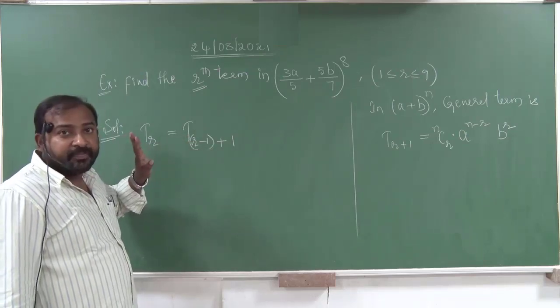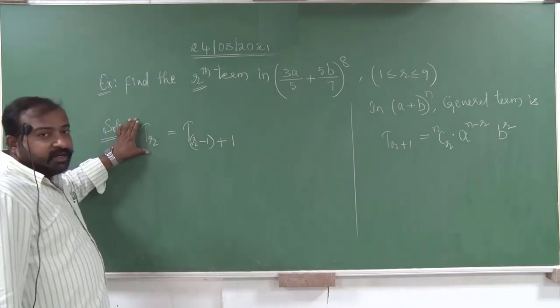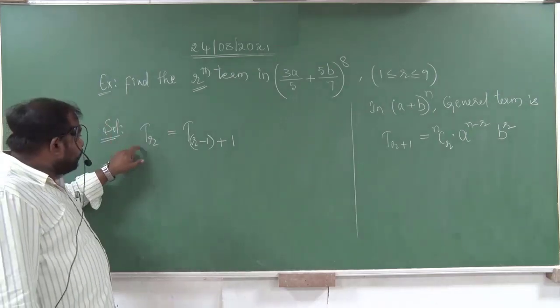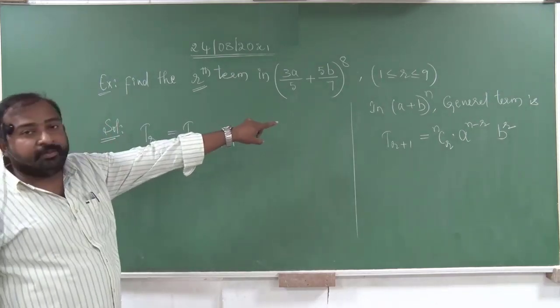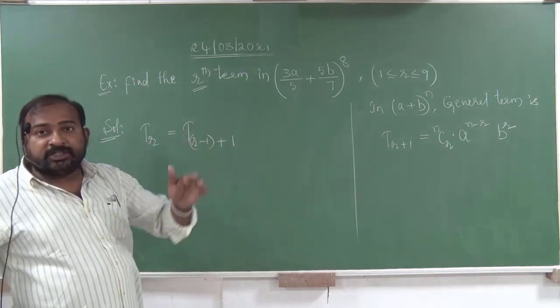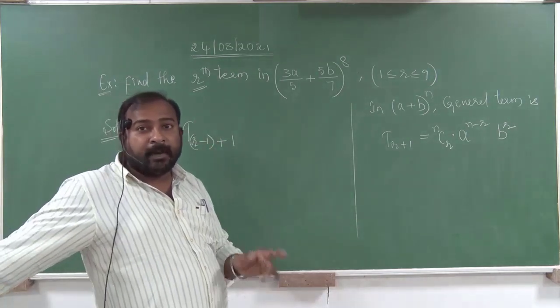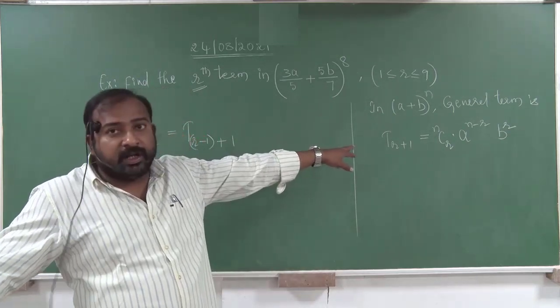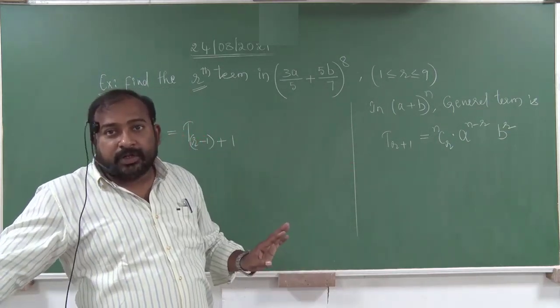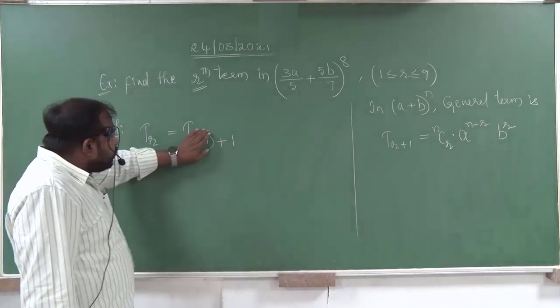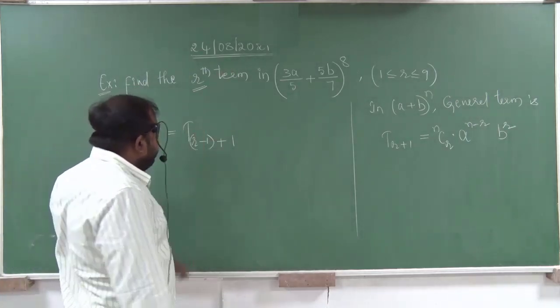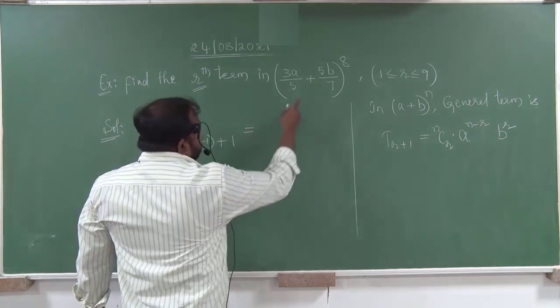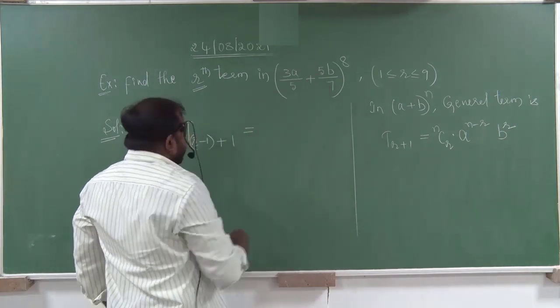Got my point? Whatever the term we have to find, compulsory that term should be in the form of the general term formula. What is the general term formula? T(r+1). So you have to convert like T(r+1). So Tr means I can write this value as T(r-1+1). Then tell me which is equal to, instead of n what is the value there? 8.